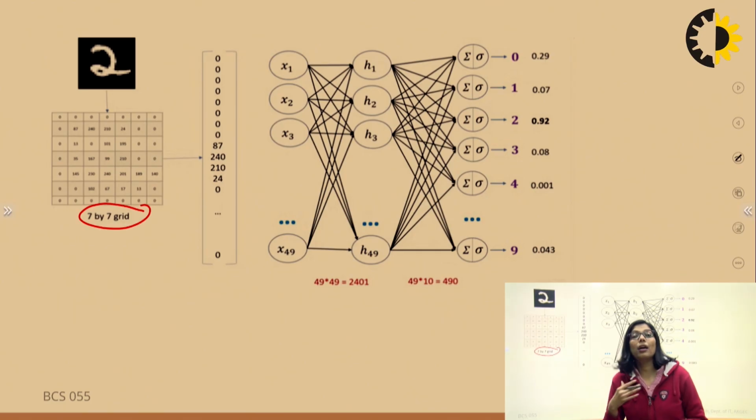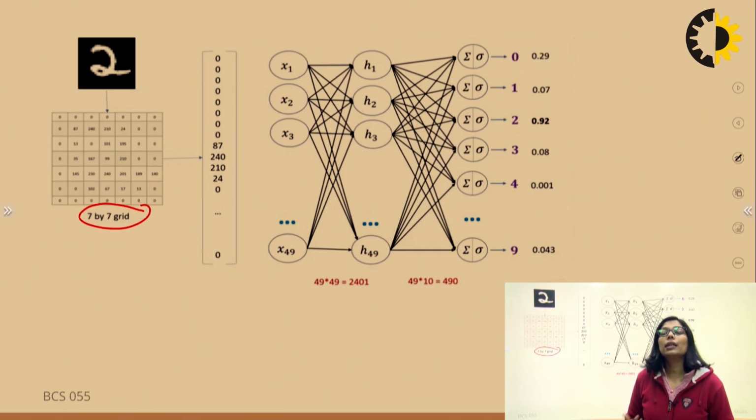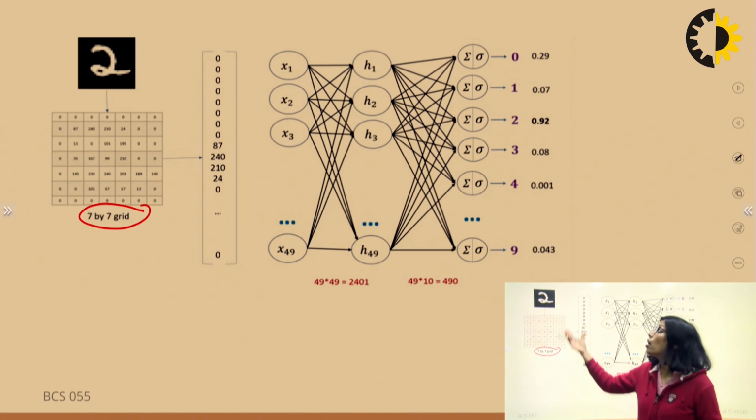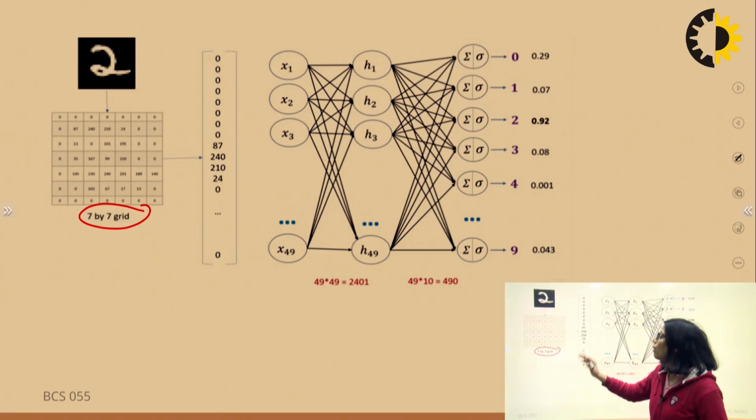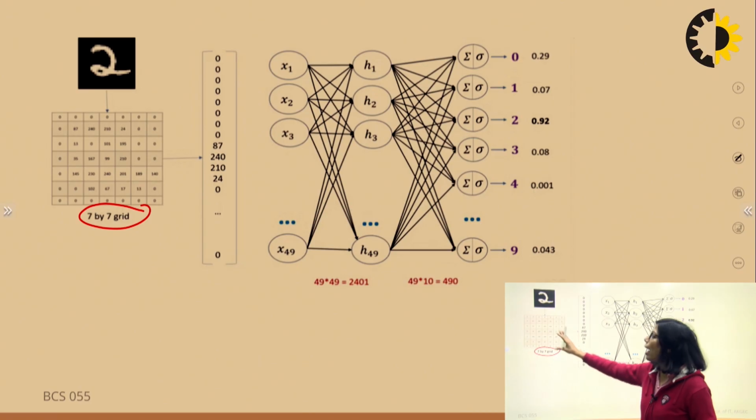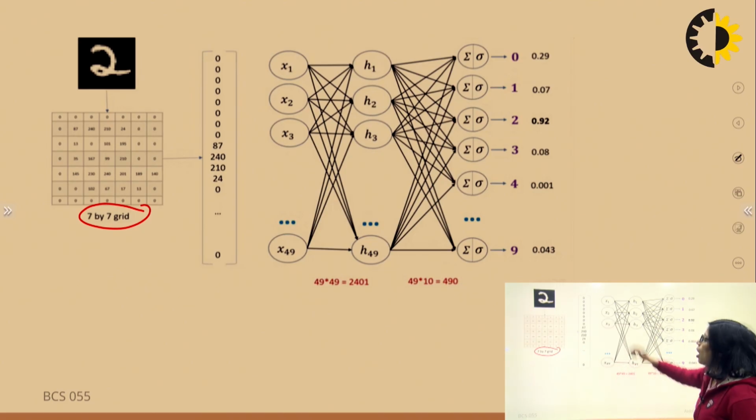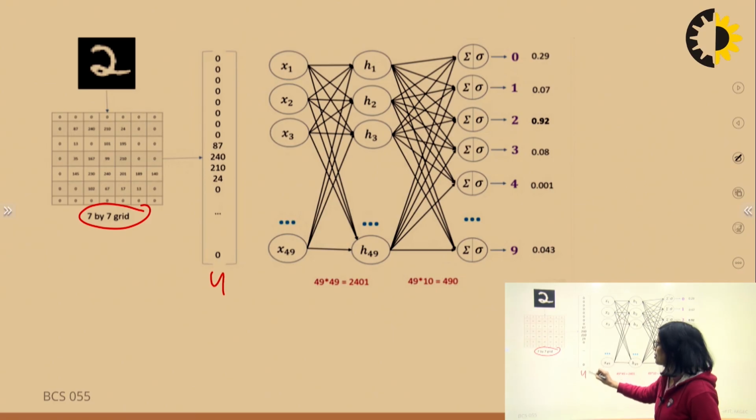Mind you, we are using the normal artificial neural network to identify this handwritten 2. Now we flatten. I have to feed this image into my neural network, and for that I need to flatten this matrix. To flatten this matrix, I have around 49 values.